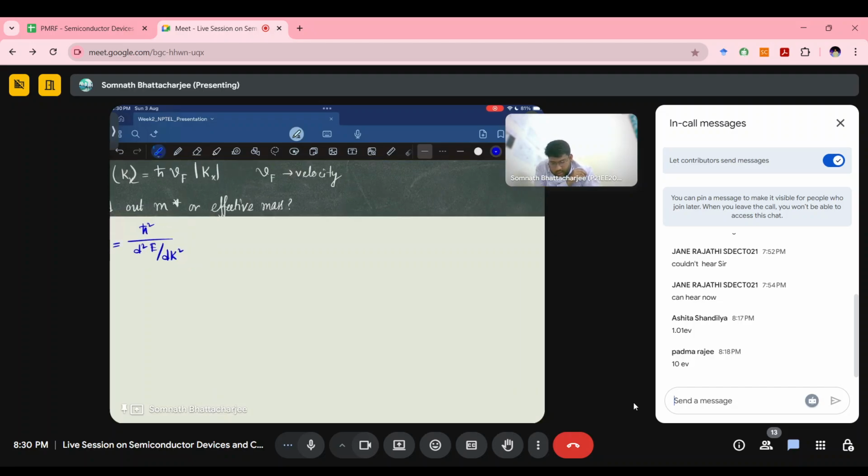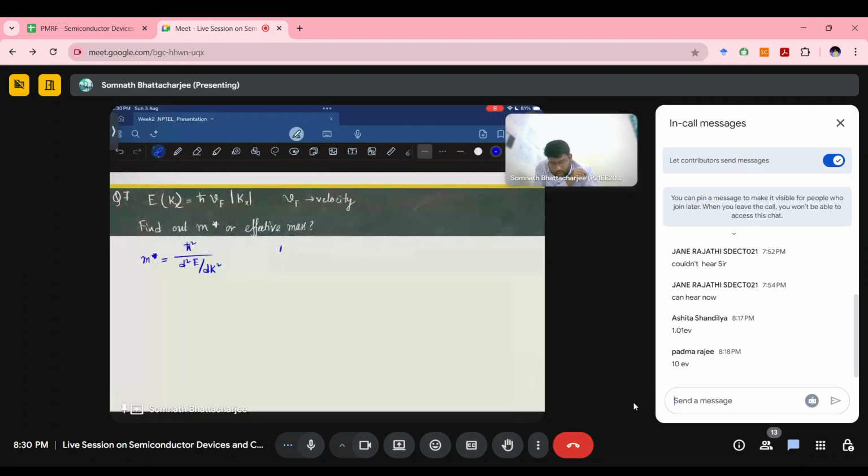Let's just derive the derivative of this. So what would be the value? It would be nothing but H cut VF, and this would be plus minus 1, right?